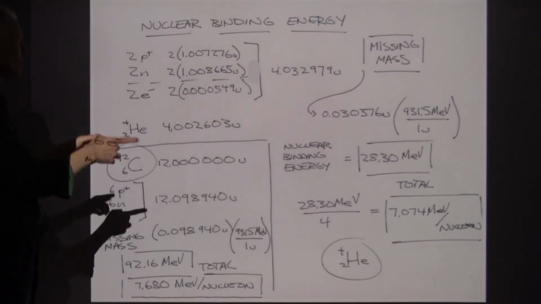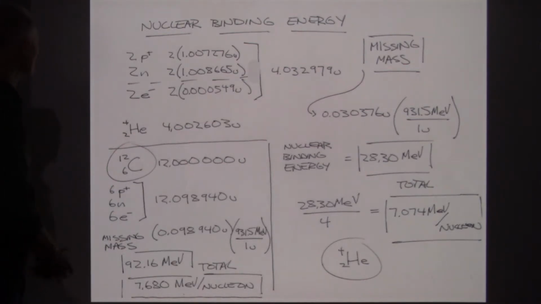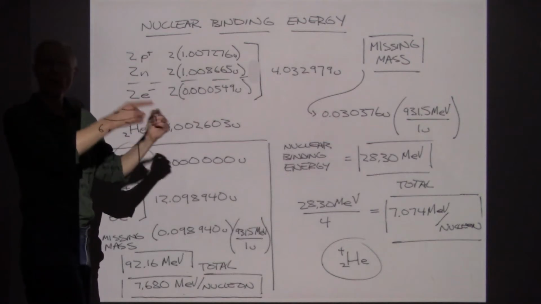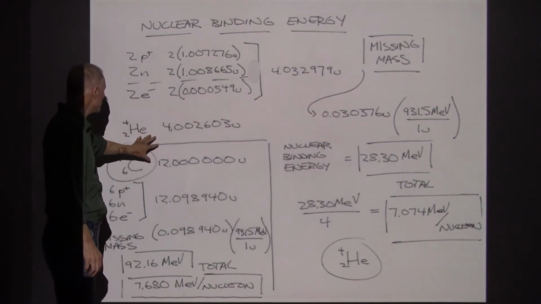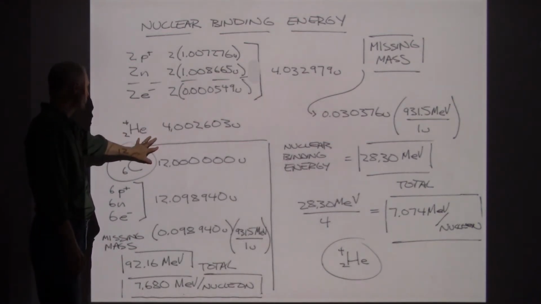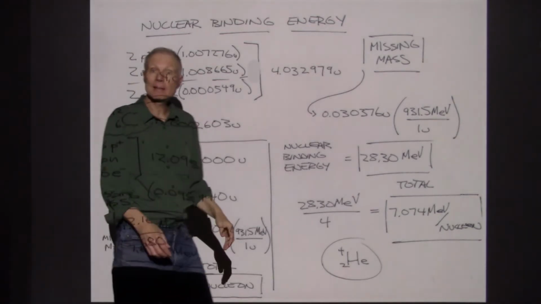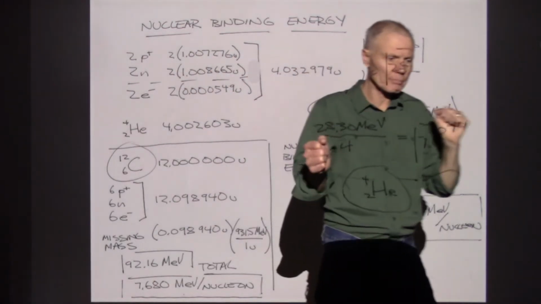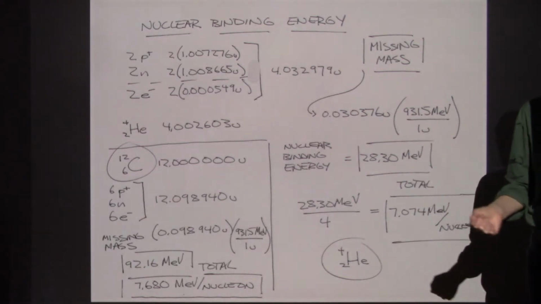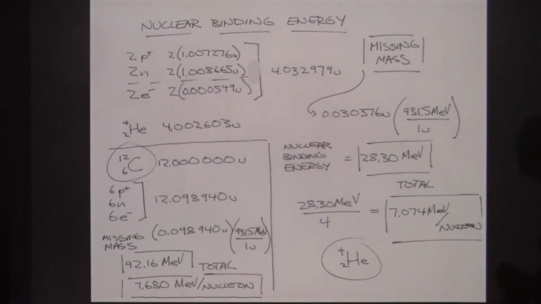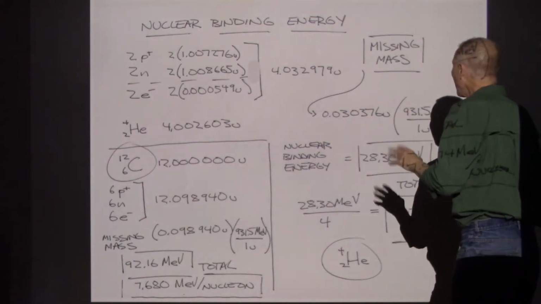Now it's a nuclear binding energy, and what that means is if I were now to reverse the process, if I were to start with a helium-4 nucleus and disassemble it, take it apart back into its constituent protons and neutrons, how much energy is that going to require?